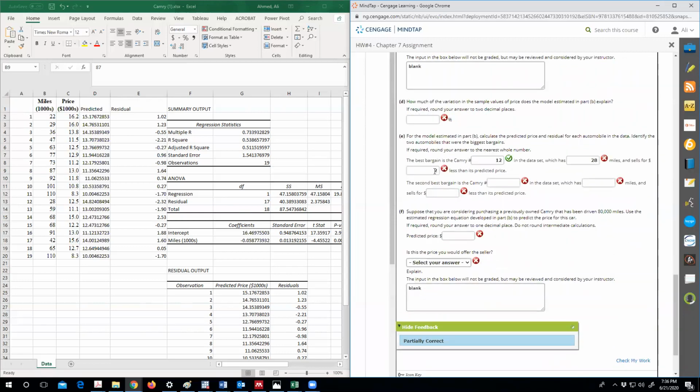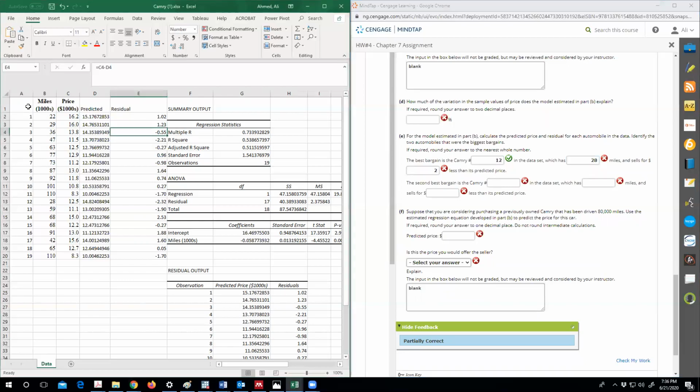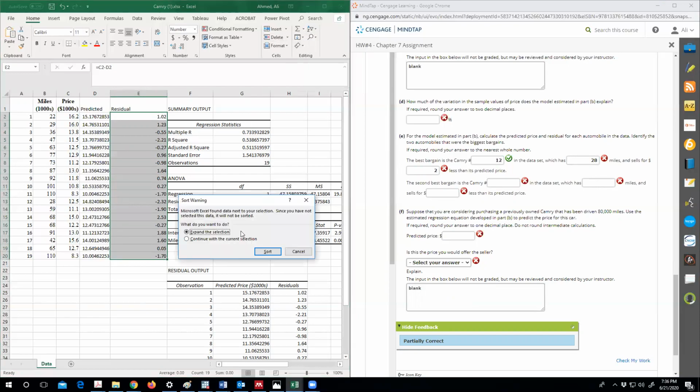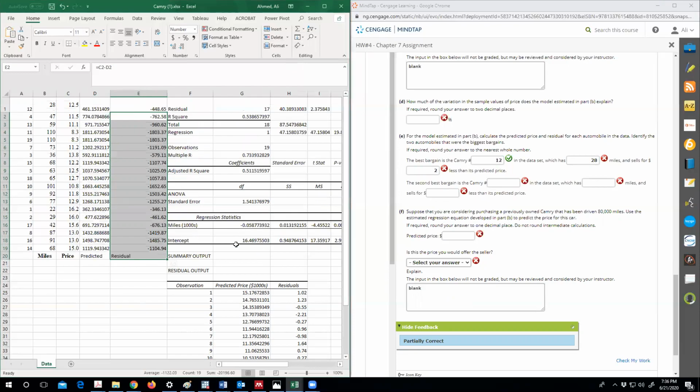All right, so 28. Okay, the second best bargain. All right, let me sort this out. Let's sort it. It will mess up everything, but that's okay.